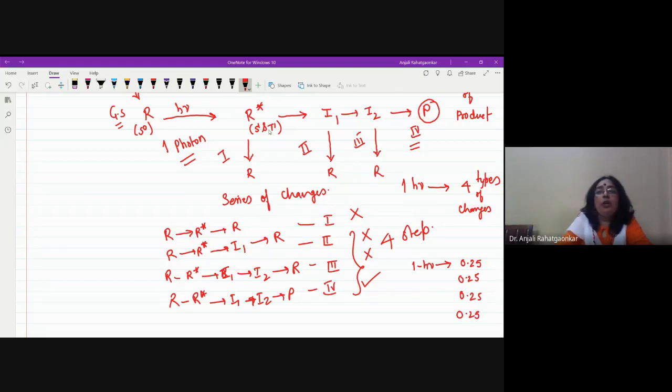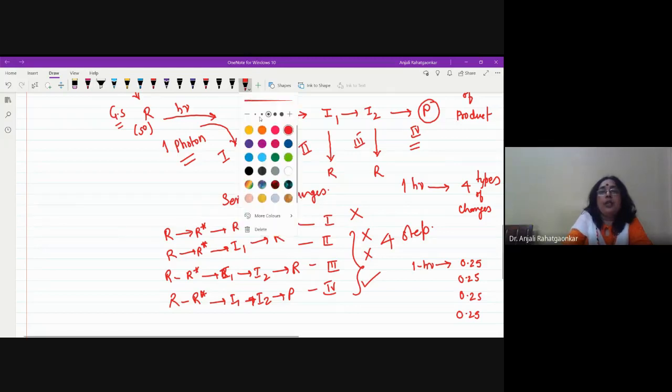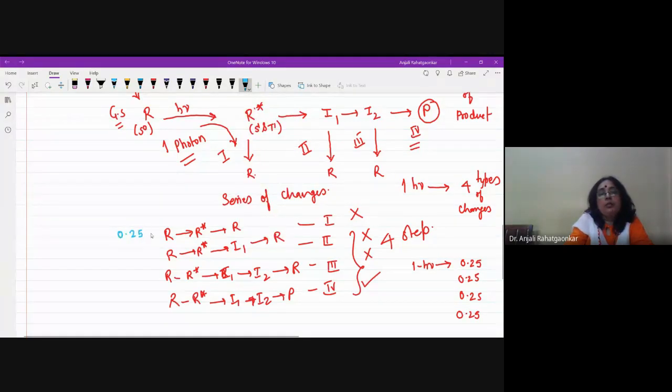Part of the one photon is utilized for the conversion of R to R star to R. Then another fragment is utilized to convert R star to I1 to R. Another 0.25 is utilized for R star to I1 to I2 to R. And the last one is R star, I1, I2, and the P.